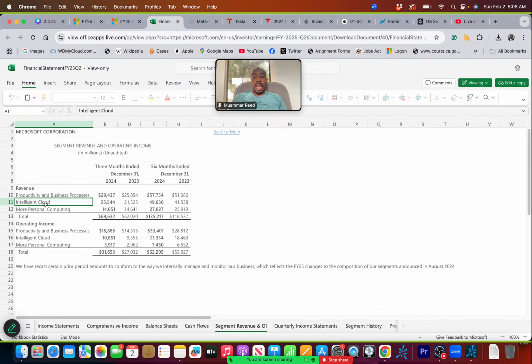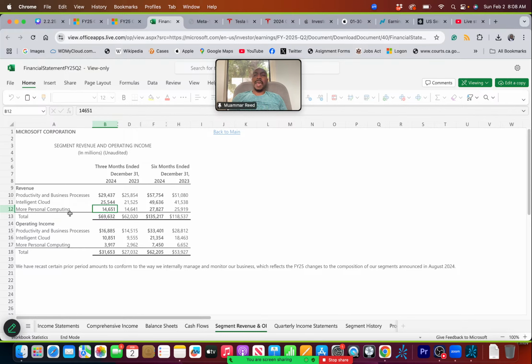The intelligent cloud revenue, which is its big pony right now, Microsoft Azure, increased to 25.5 billion, up from 21.5 billion. And then you have the personal computing segment.